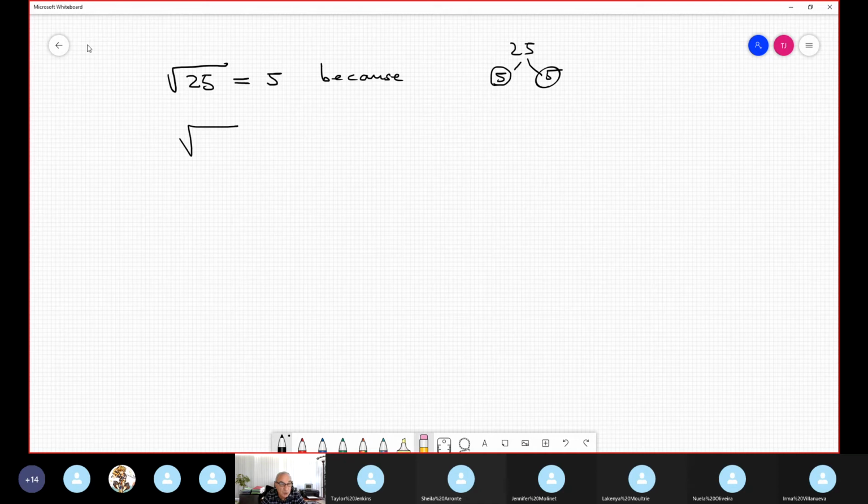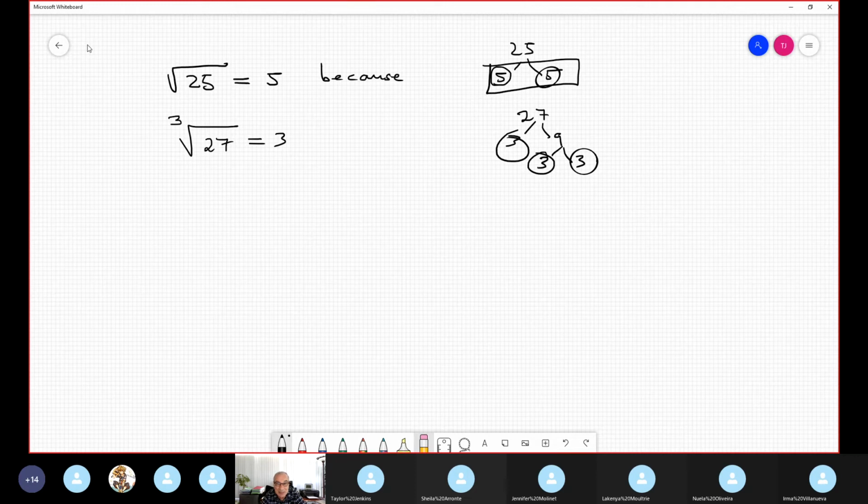However, you have the cubic root of 27, which is 3. Why? Because 27 is 3 times 3 times 3. And this 3, 3, 3 inside the radical represents one 3 outside. So the 5, 5 inside the square root represents one 5 that can fly.